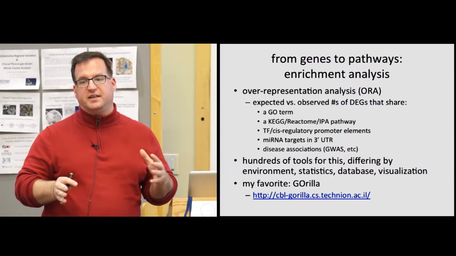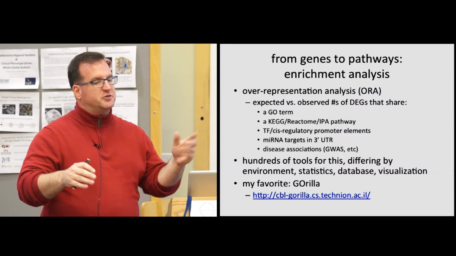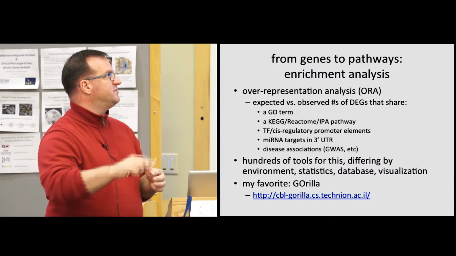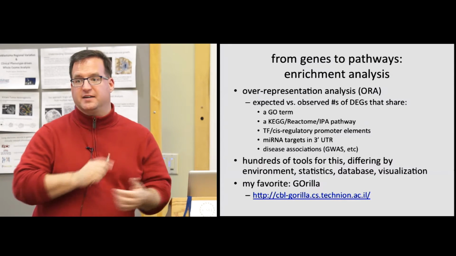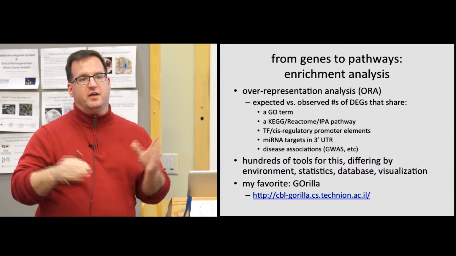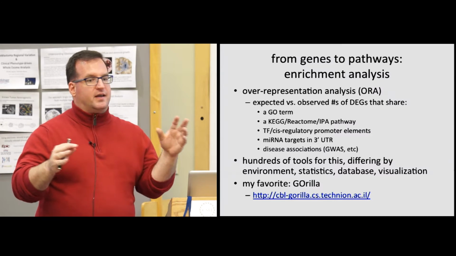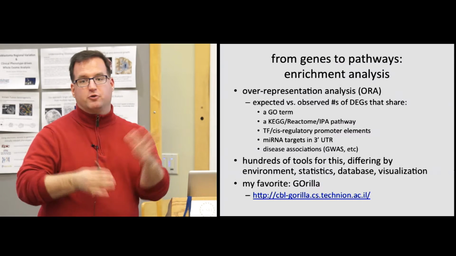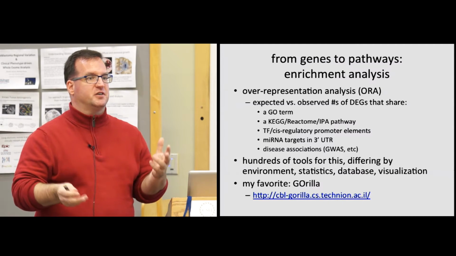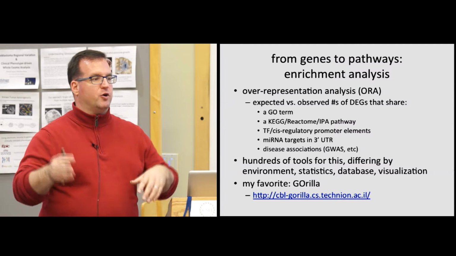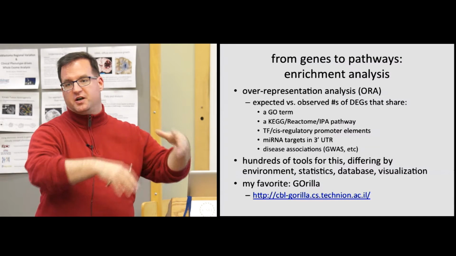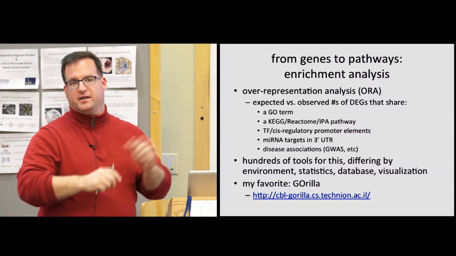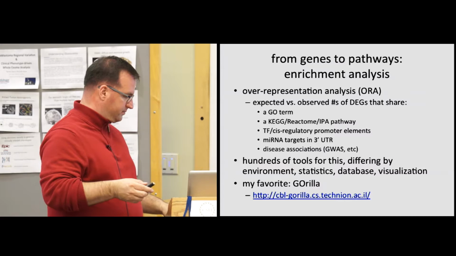This is the simplest thing you can do, and you can do it with such a wide variety of databases and things, which is what makes it attractive. That's the utility of this, that you can look for enrichment 1,000 different ways. Like you can say, are my genes enriched for what chromosome they're on? Are they enriched for overlap with other genes that change in other sorts of experiments that I might care about? Okay.